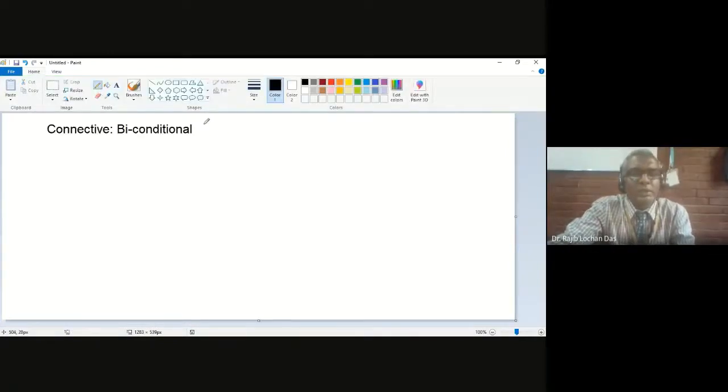The symbol is just a both-direction arrow, like that. If you write something like A biconditional B, the sentence you will write is "if and only if."